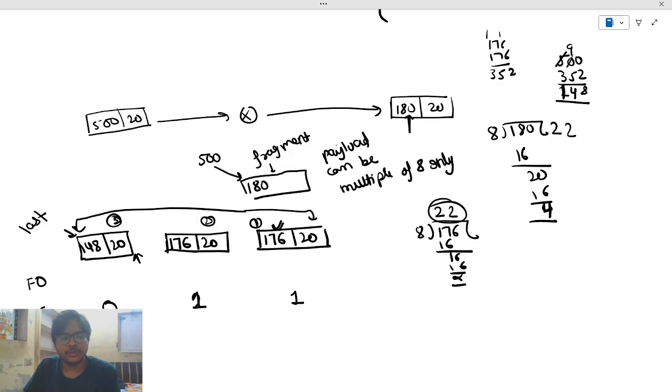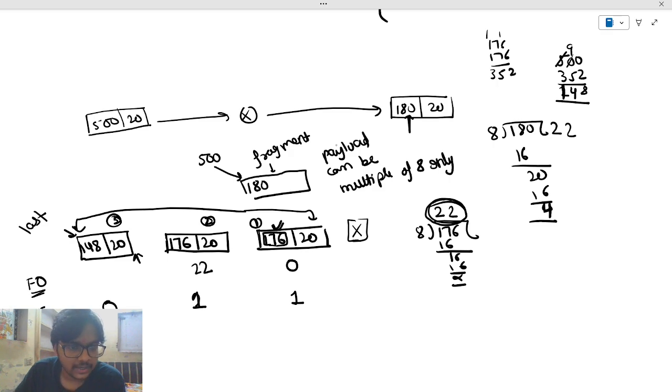Now let's see the fragment offset. Fragment offset means how many bytes of payload have been already sent. For the first fragment, there is no fragment ahead of it, so it is 0. How many bytes are ahead of fragment 2? This is 176, so for 176, we will have to say 22.